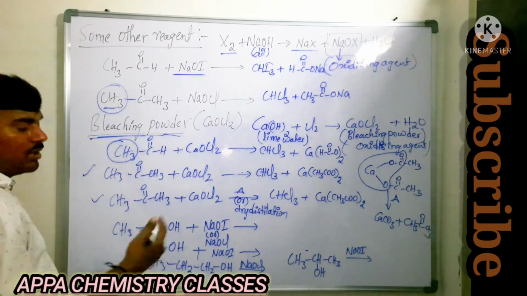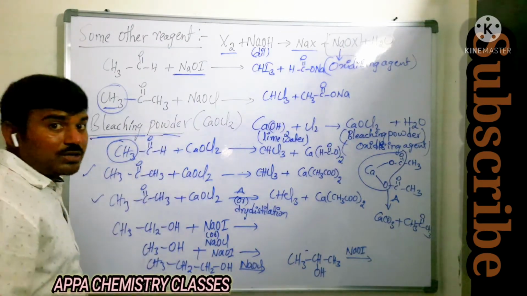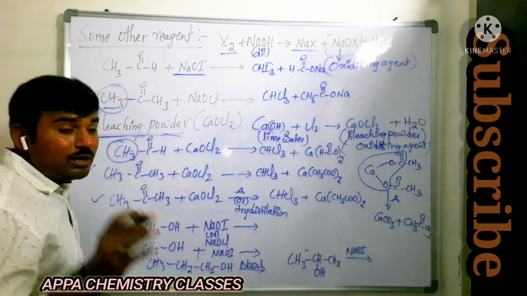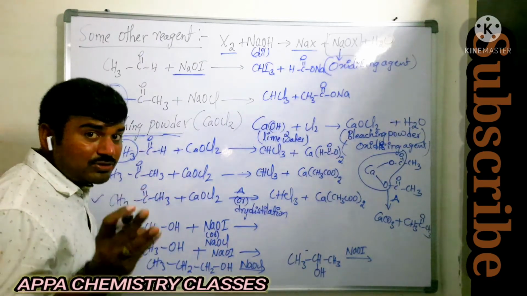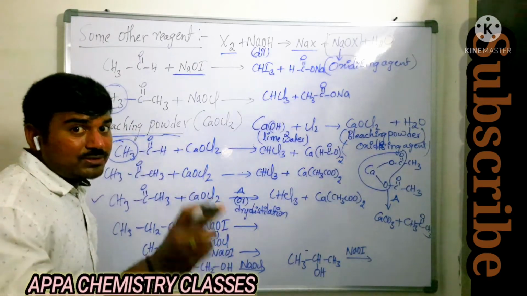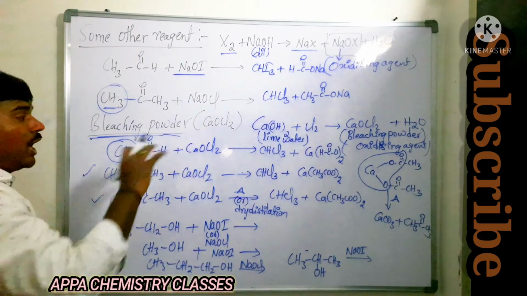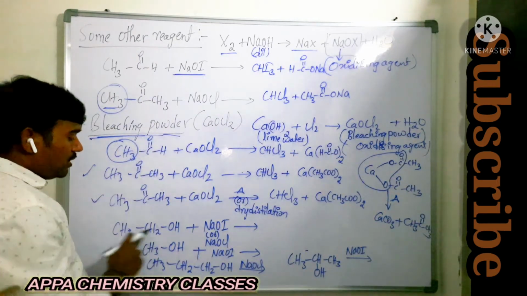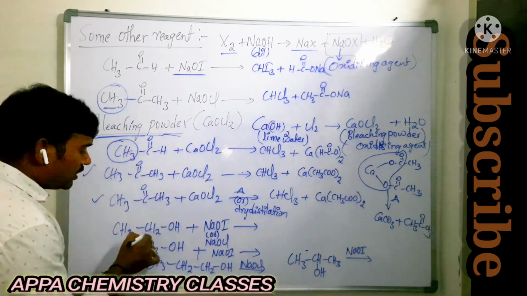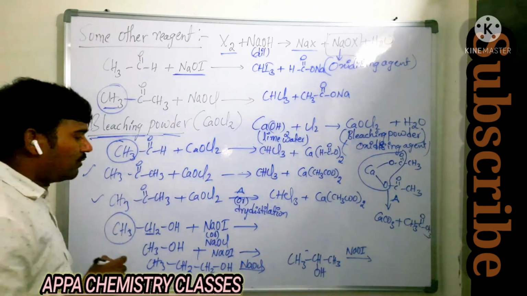Next, alcohols when reacted with sodium hypohalide, which is also a haloform reagent. What haloform reagents are we using? Halogen in presence of sodium hydroxide, halogen in presence of sodium carbonate, sodium hypohalides, and bleaching powder is also used. In this case the alcoholic carbon is attached to a CH3 group to participate in haloform reaction.